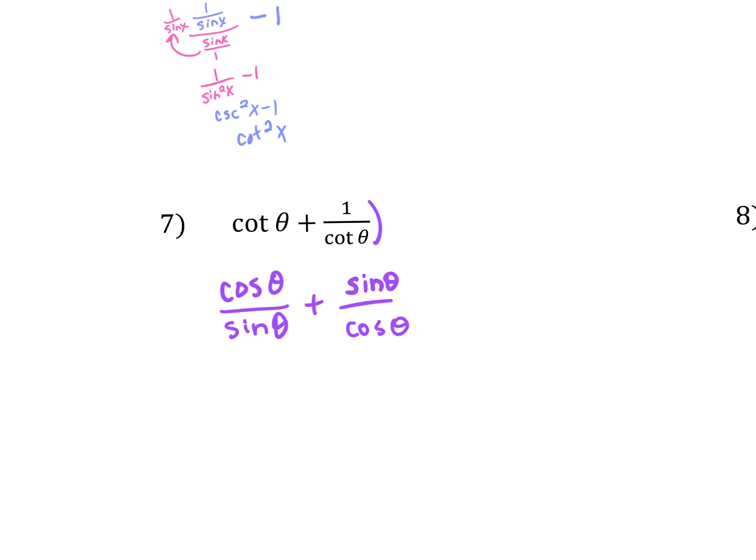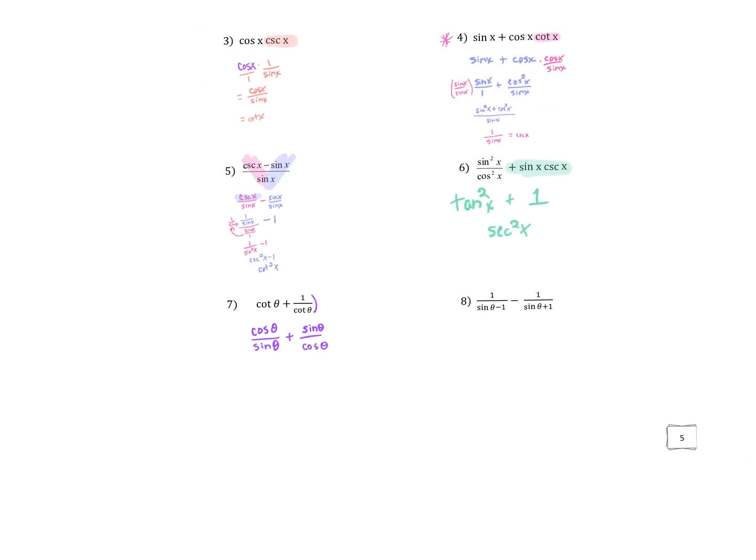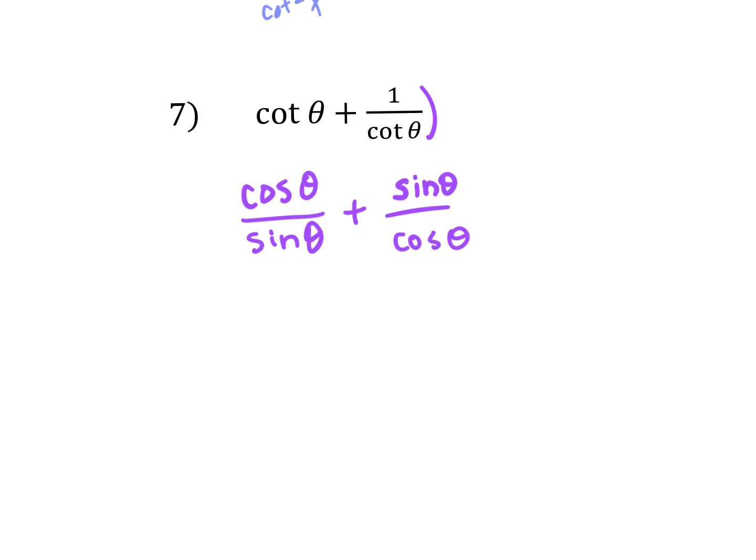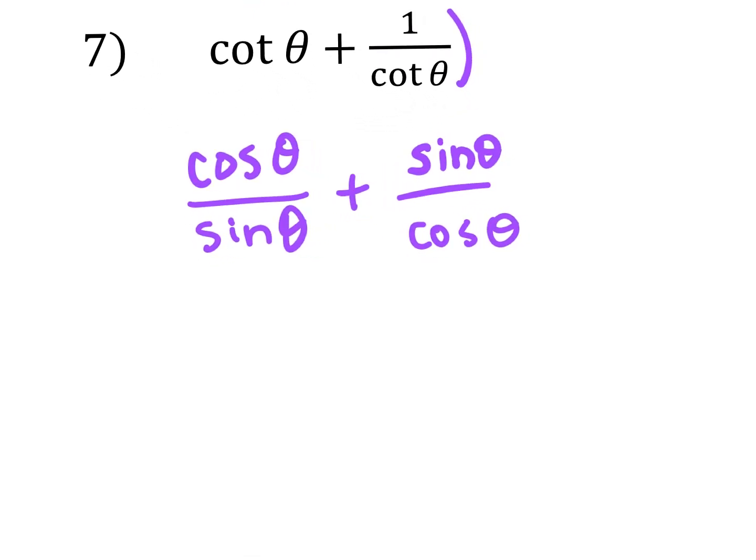Okay, now I'm hoping you guys see that this is similar to what we had up here. Not exactly, but we've got fractions that we're trying to add. We've got our sines and cosines already. We've got to add these fractions, okay? If we're going to add these fractions, we need a common denominator.